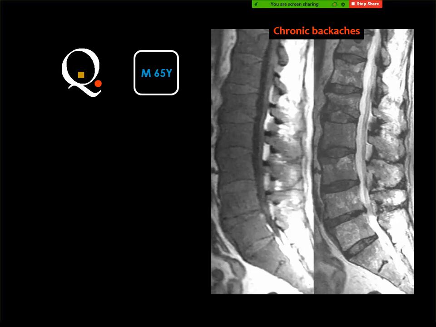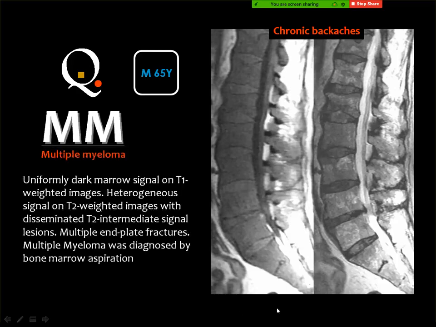Myelofibrosis. No, these lesions are bright in the T2 weighted image, meaning that they are not myelofibrosis. Multiple myeloma. Yes, and this is multiple myeloma.